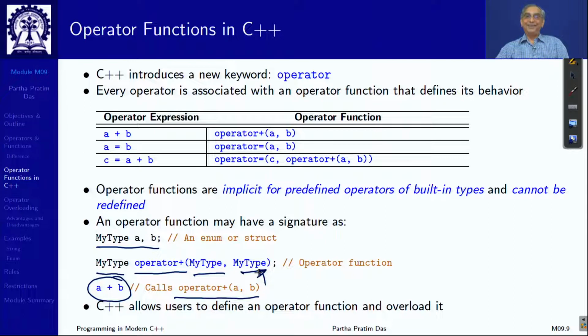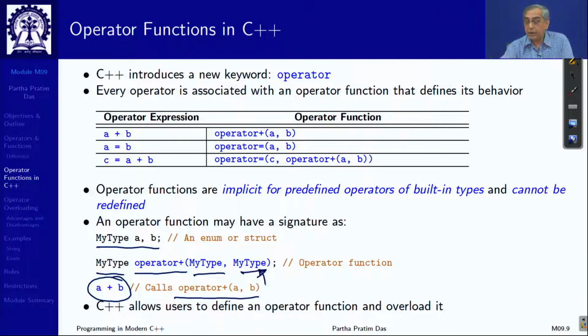You are seeing the benefit. You have your type of data and you are doing the operation of addition, whatever that means, using a function. But now, you can change the meaning of the plus operator in the context of your my type to do what you want that operator to do.